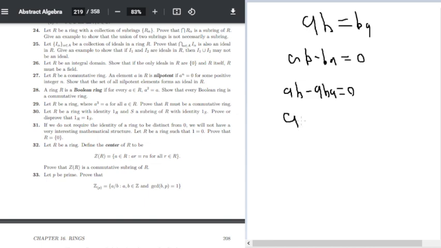Then we factor out the A to get A times (B minus BA) is equal to 0. Then we get AB times (1 minus BA) is equal to 0.